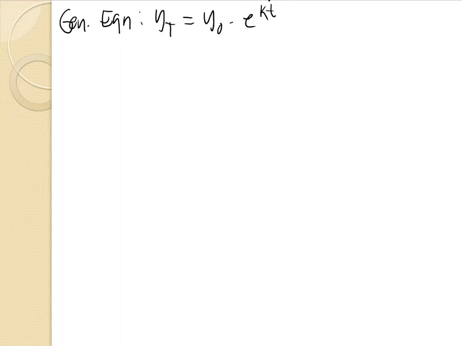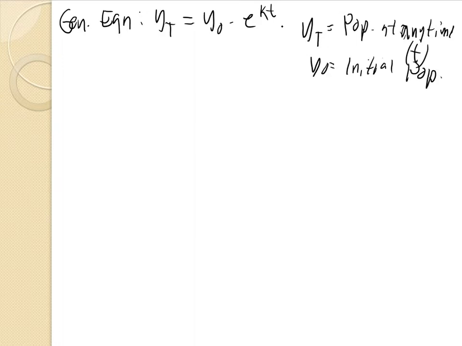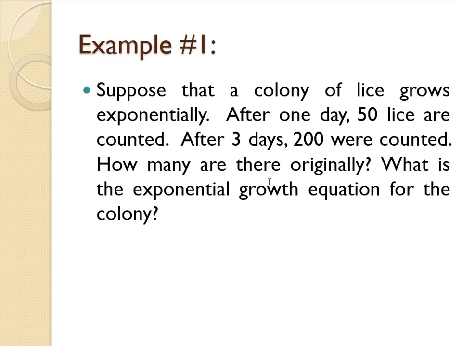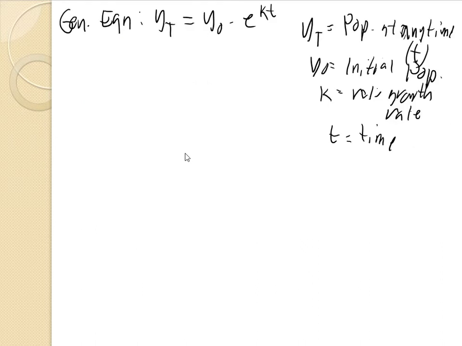By the way, yung y sub t is the population at any time t, and then y sub 0 is the initial population, and then yung k stands for relative growth rate, and yung t is the time. Okay, from the given problem, we will derive 2 equations, no? So dito, after 1 day, 50 lice are counted. So we have equation 1.